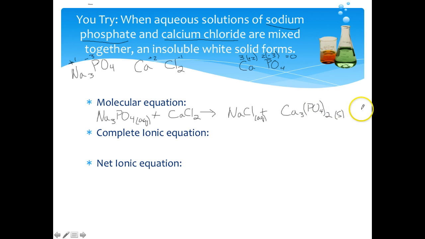Am I done? It's not balanced, or at least I don't know if it's balanced because I haven't checked. Okay, well here's 3 sodiums. I only have 1 over here, so that needs a 3. Okay, and that gives me 2. This is a 3, not a 2.